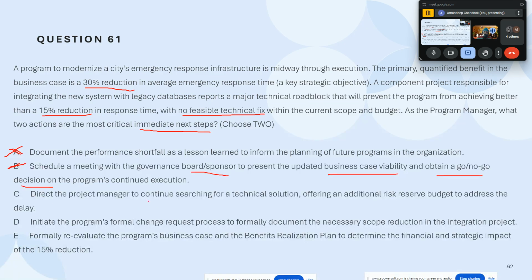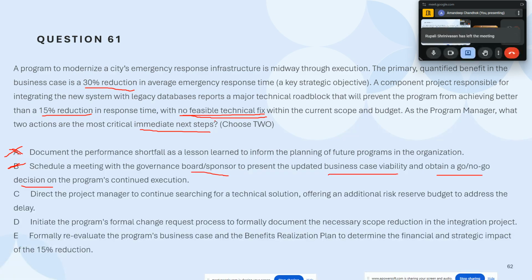Direct the project manager to continue searching for a technical solution, offering an additional risk reserve budget to address the delay. Now please understand this, I've underlined something here: with no technical fix, there is no feasibility at all.